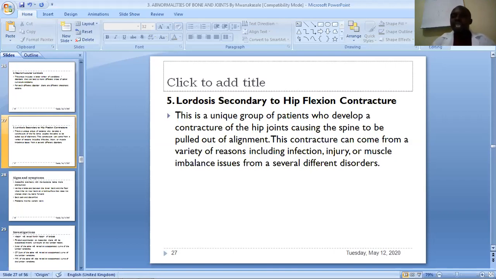This contracture can come from a variety of reasons, including infection, injury, or muscle imbalance issues from several different disorders. Because of the contracture, that person will be forced to curve in a certain way, trying to accommodate the contracture, but eventually they end up developing lordosis.